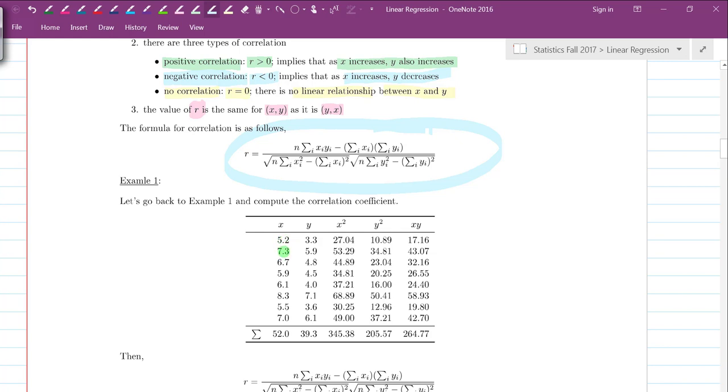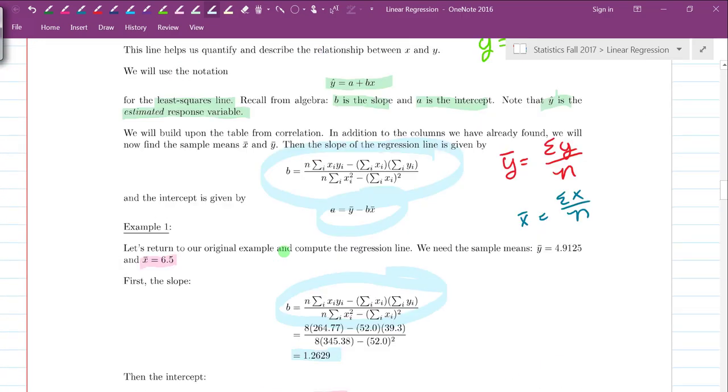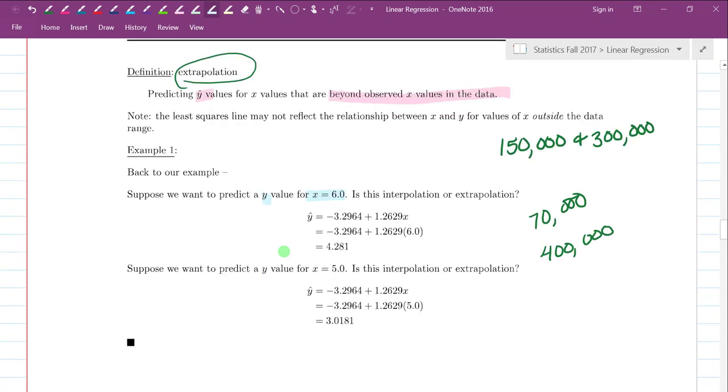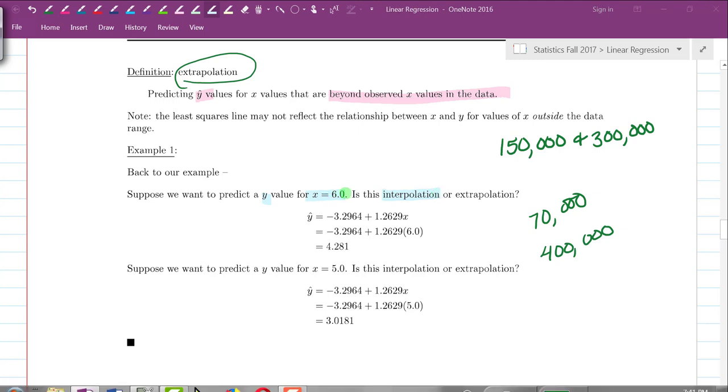There's a value 7.3, which is above 6. So that's going to be in between, okay? So that is going to be an interpolation. The next thing is I treat this just like a function, and I'm going to plug in 6 for my x and run it through, and I find that when x equals 6, my y is going to be equal to 4.281.